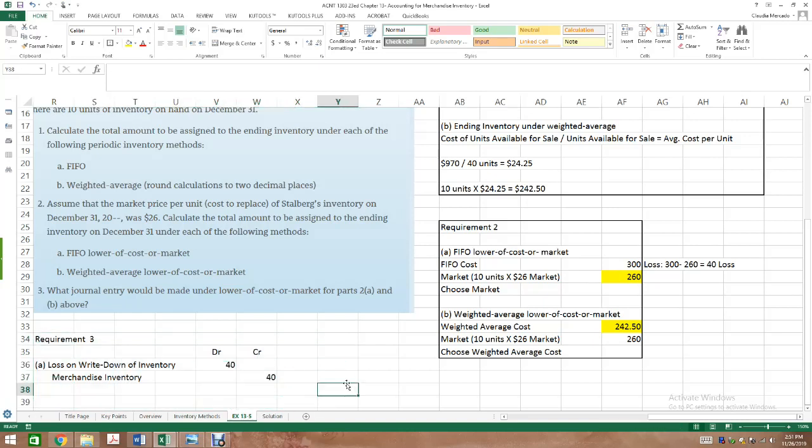So you're going to compare your cost to your market. In this case, we need to make an adjustment because your cost is greater than your market.